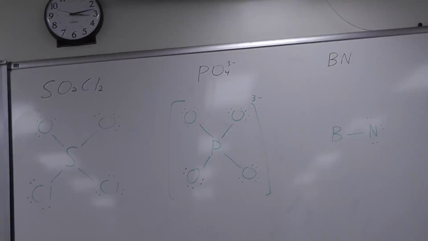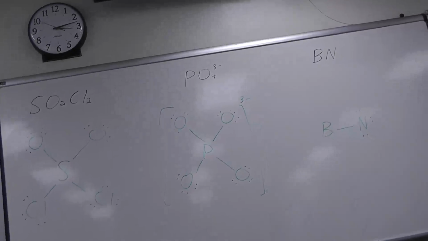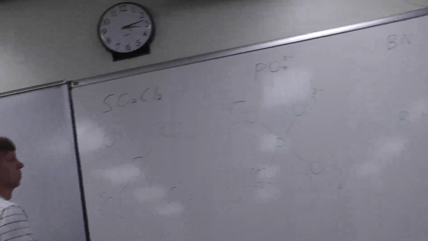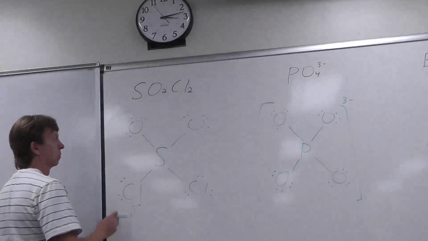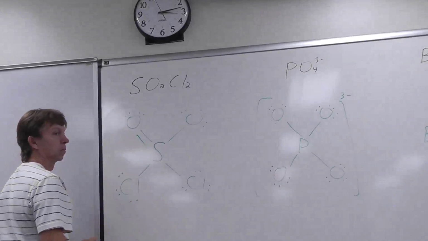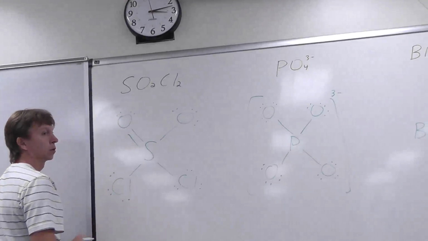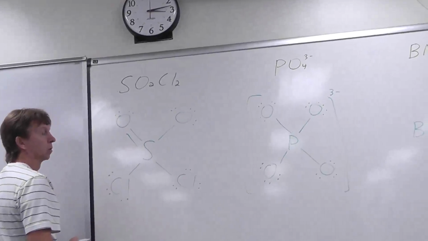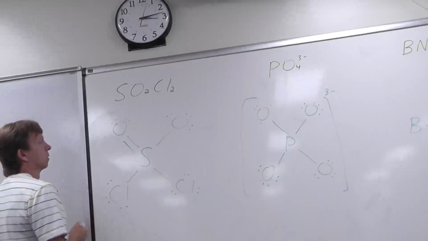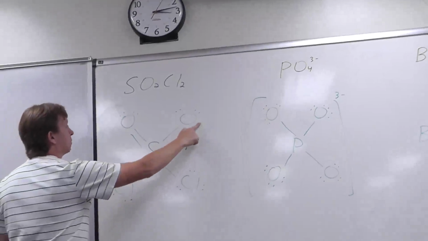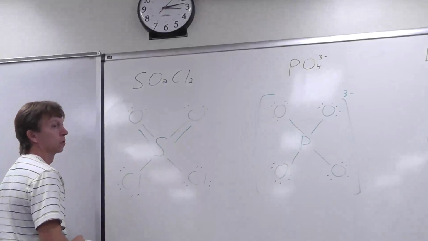All right, what would you do to finish off the SO2Cl2? Resonance? Knock that out, because the other oxygen wants another one too. It does, but what's the maximum for sulfur?